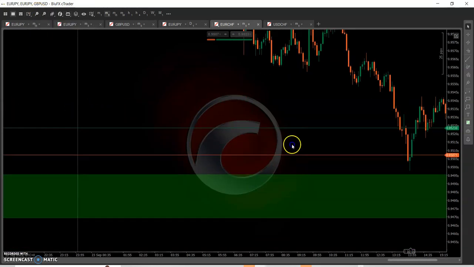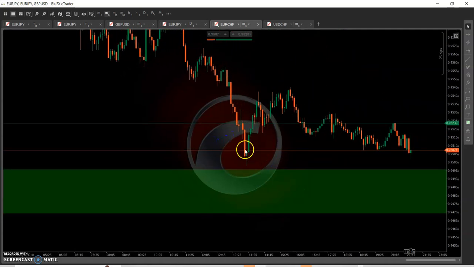Here we already have price rejection, like a pin bar, and price came here, broke these equal highs, and now price came back down here.